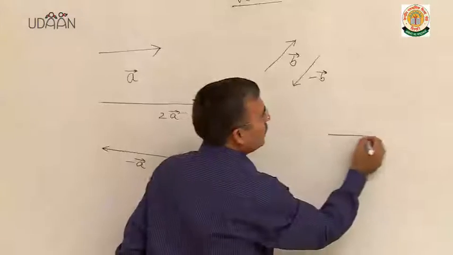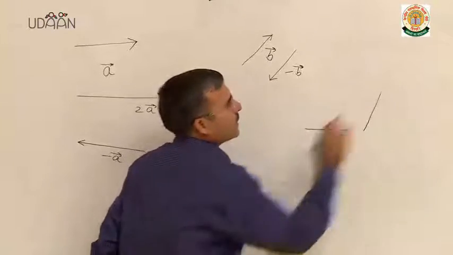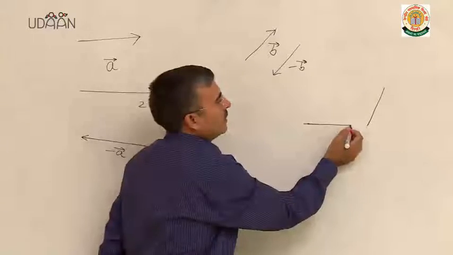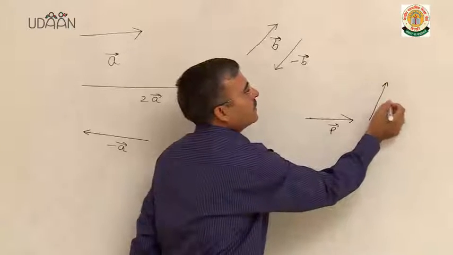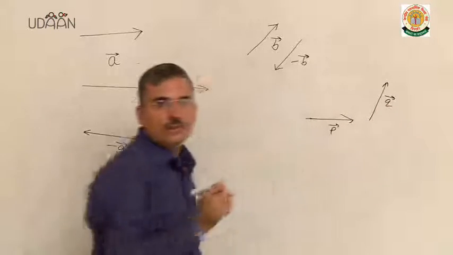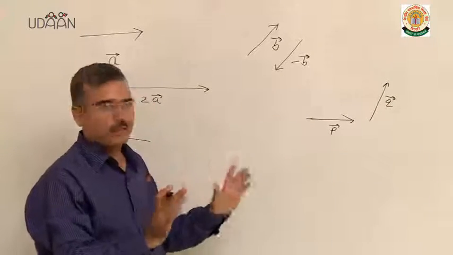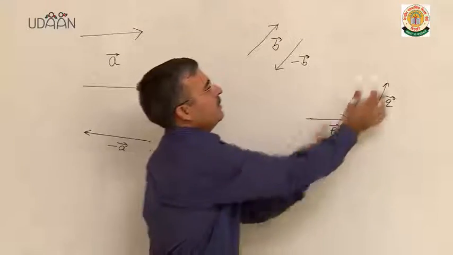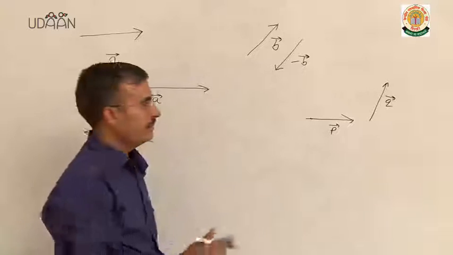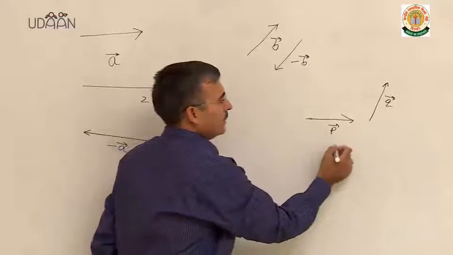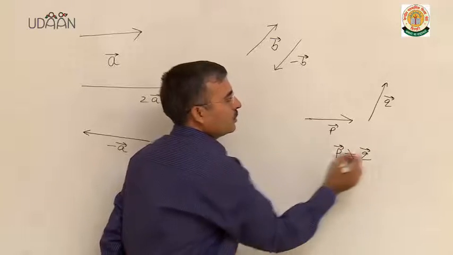Suppose two lengths are the same, these lengths are equal. Let this be P vector and this be Q vector. Magnitudes are the same, I have taken the same length, directions are different, then P vector cannot be equal to Q vector.